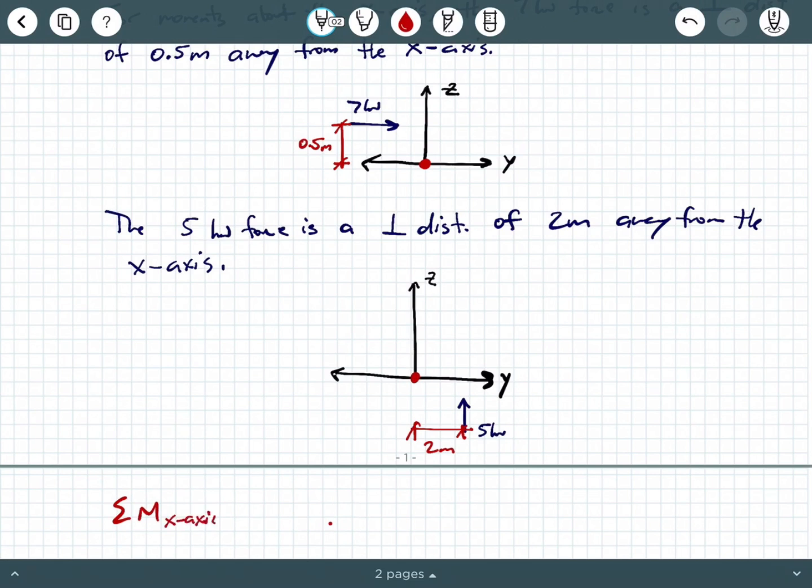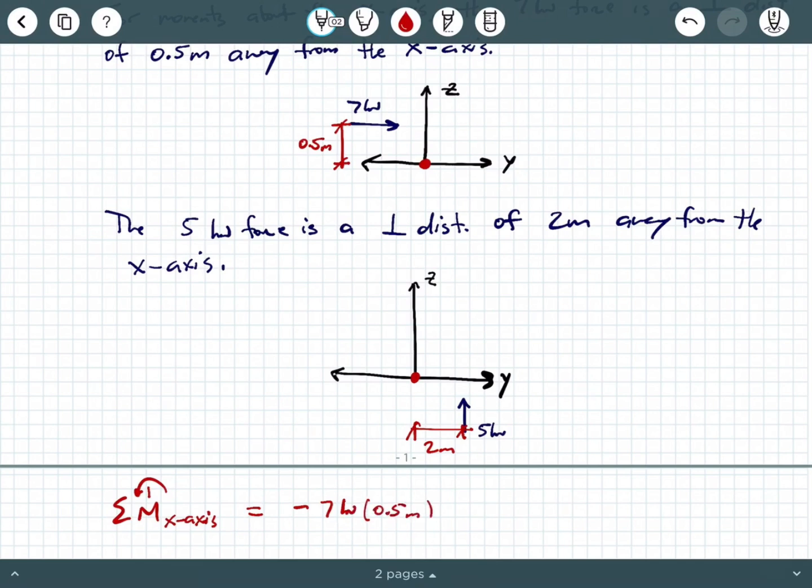So check this out. I'm going to say the sum of the moments about the x-axis, counterclockwise positive, and this is again from a 2D view, equals. Now let's look at the 7 kilonewtons first. We're going to have 7 kilonewtons causing a clockwise tendency of rotation.